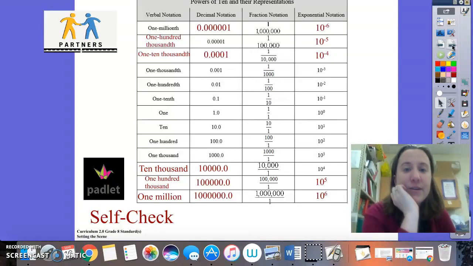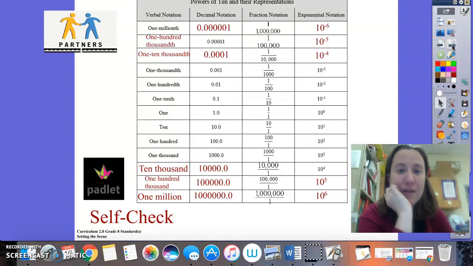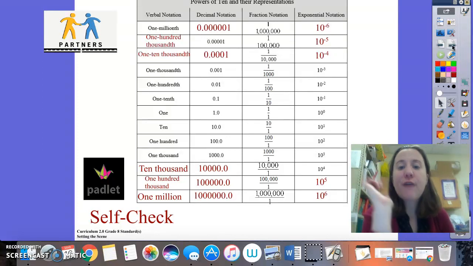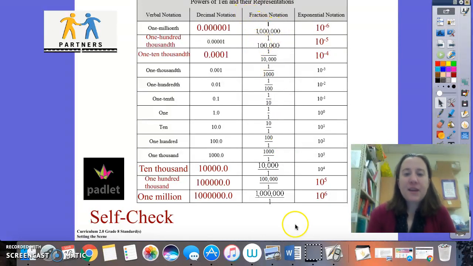So looking at patterns, the part that wasn't filled in for the most part is in red, except for the fraction notation, which is in black, but the parts that were not filled in before are also up here. So I want you to notice what's happening, at least especially with the positive numbers. We have this pattern of 10 to the first power is a 1 followed by 1 zero. 10 to the second power is a 1 followed by 2 zeros.